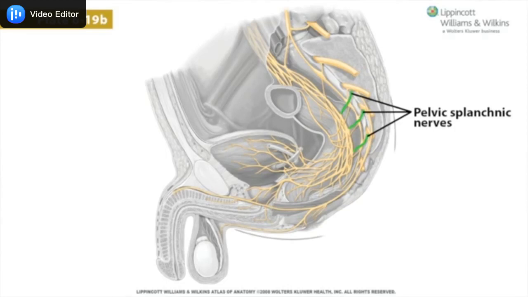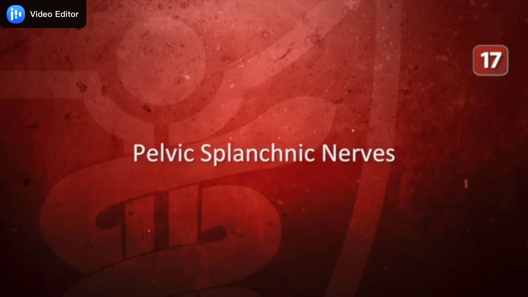Recall that the parasympathetic nervous system is said to be craniosacral. If you watched the Solid Anatomy lecture on the cranial nerves, you may recall the cranial nerves 3, 7, 9, and 10 carry parasympathetics. They were the cranio part of that craniosacral label. The sacral part is the pelvic splanchnic nerves.